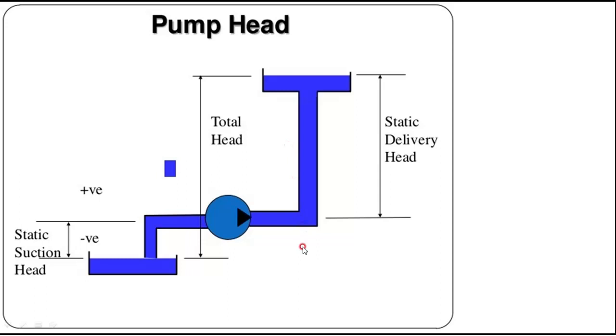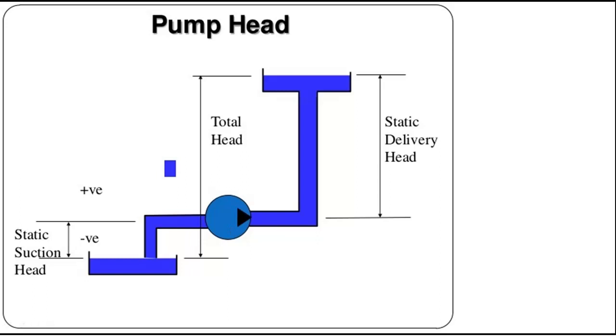The best example is, if your pump is on the ground floor and you are pushing the water to the higher floors, then the delivery head will be more and the suction head will be less. Think that your pump is situated on the top floor and the water tank is at the bottom.